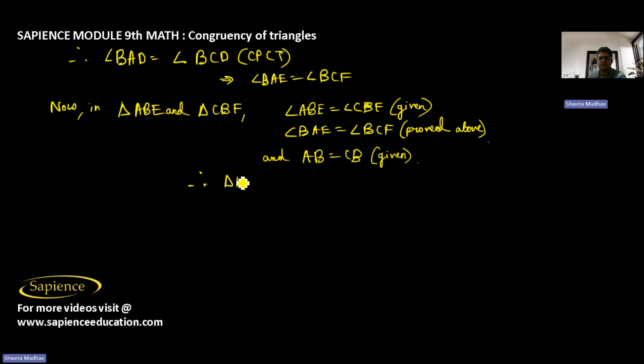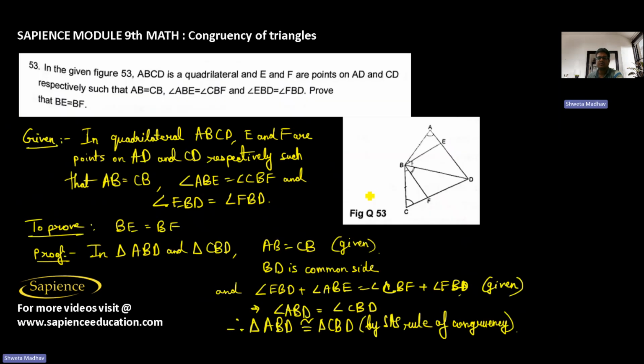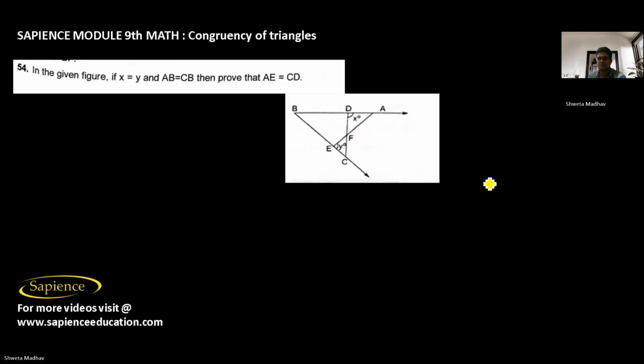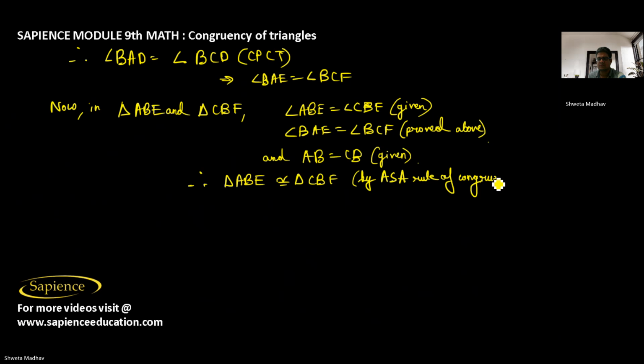So therefore, I can say that triangle ABE is congruent to triangle CBF by ASA rule, angle side angle, by ASA rule of congruency.